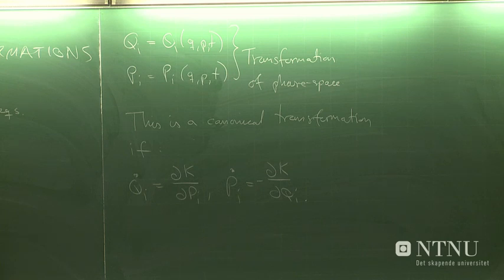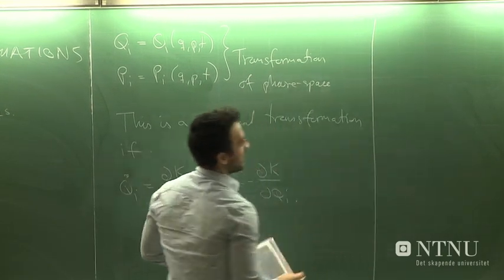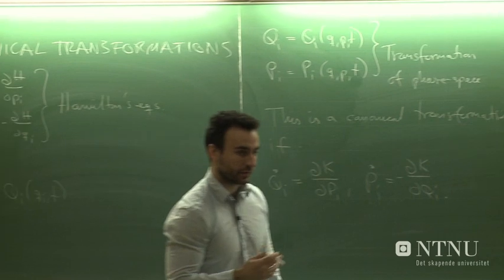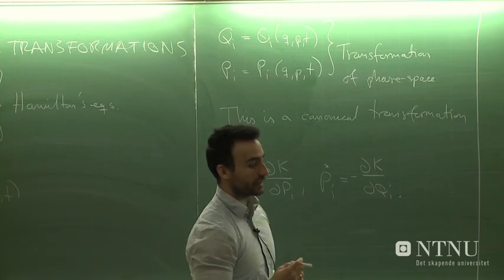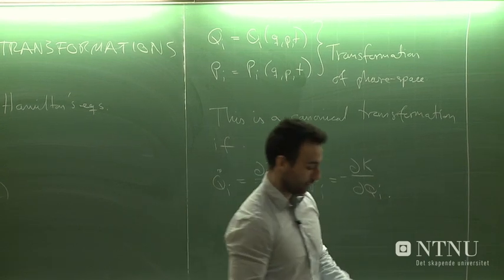But there's a small twist which we have to be careful about. So to see what this is, let's first consider how we can use a modified Hamilton's principle to derive these equations.